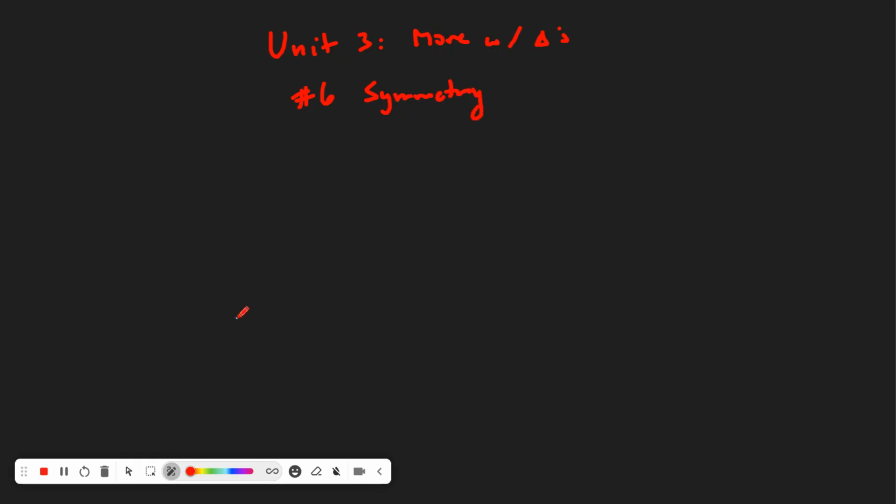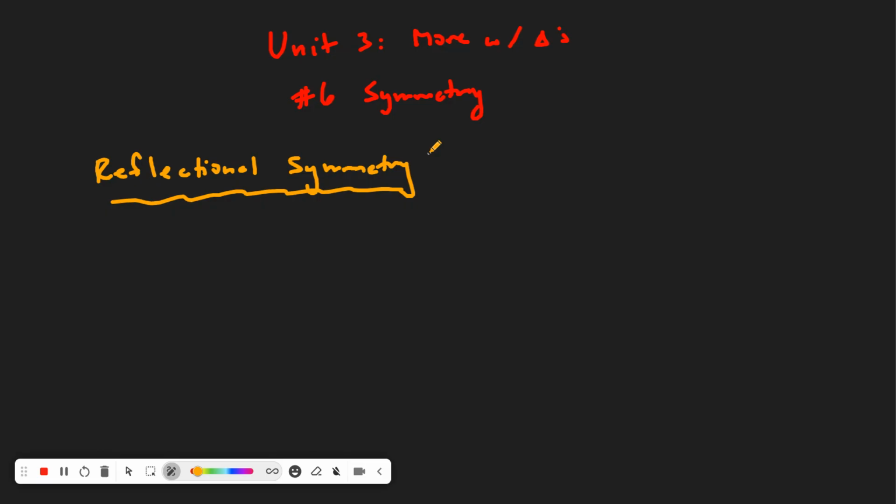Now, there are two types of symmetries that we're going to talk about here. The first one is called reflectional symmetry. If you remember the early parts of Unit 2 where we talked about reflections, this is very, very close to that idea.